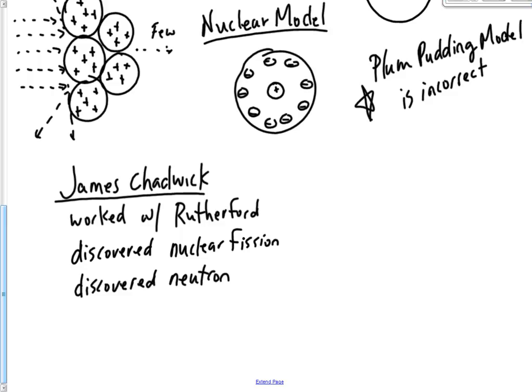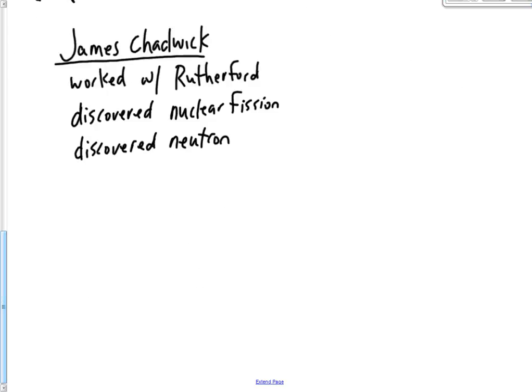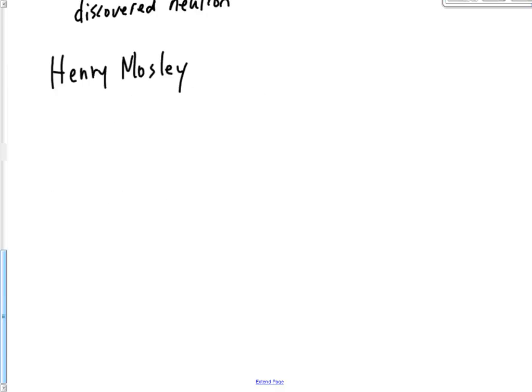Okay, so he took some of Rutherford's work, did his own work, and discovered nuclear fission and the neutron. Last guy is Henry Moseley. Hey, Henry Moseley. He also worked with Rutherford, so working with Rutherford was a pretty wise move for these guys.